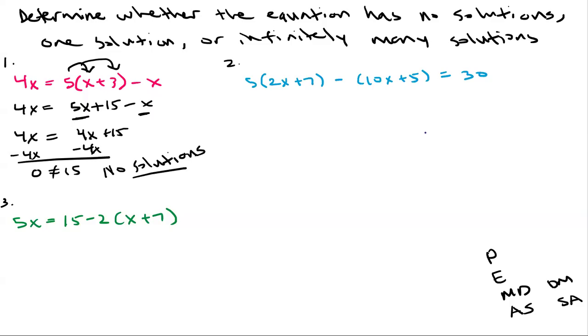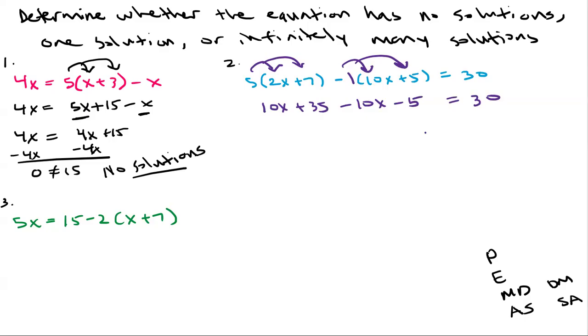In this one, again, I have to start with my parentheses. I can't simplify inside the parentheses any longer. So now I need to distribute, multiply. I'm going to multiply the 5 to each term, then I have a minus 1, multiplied to each term. That gives me 10x plus 35 minus 10x minus 5 equals 30.